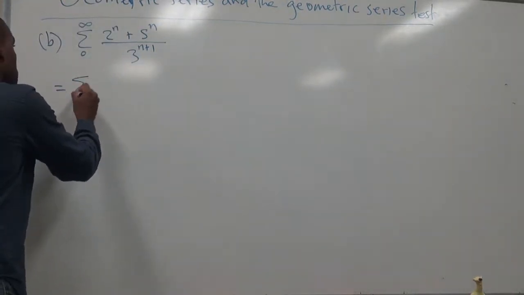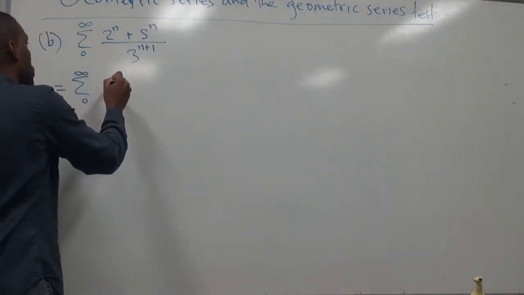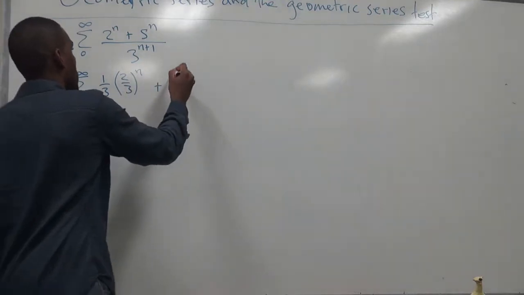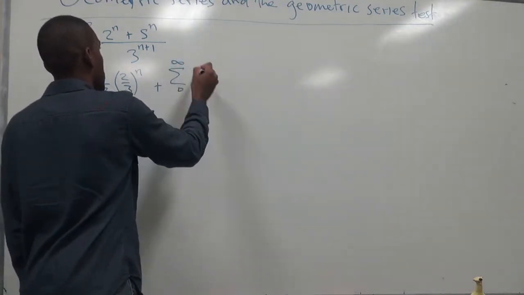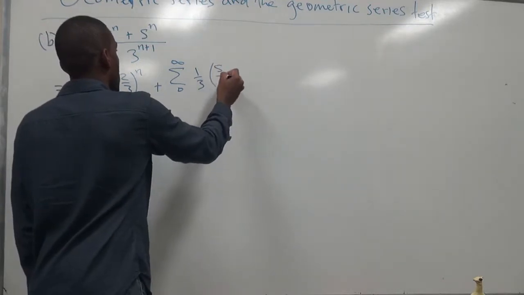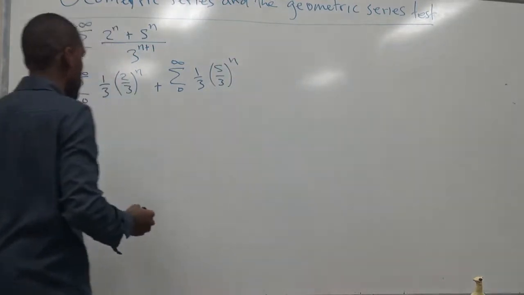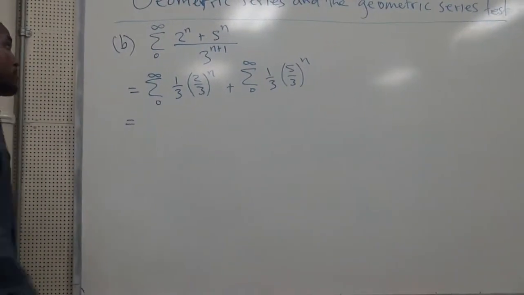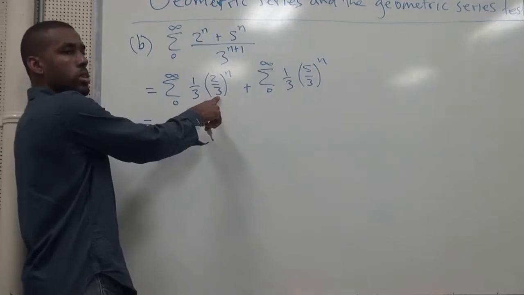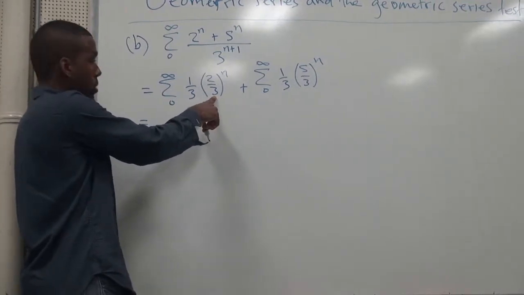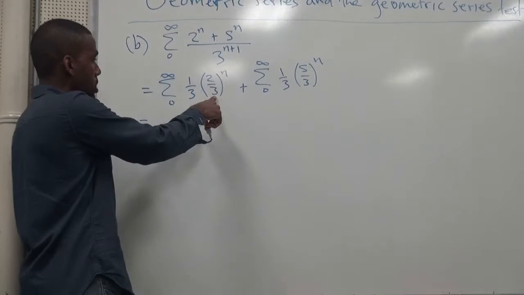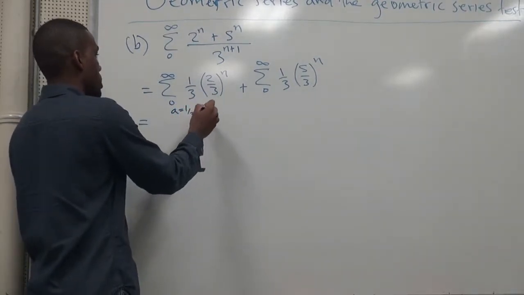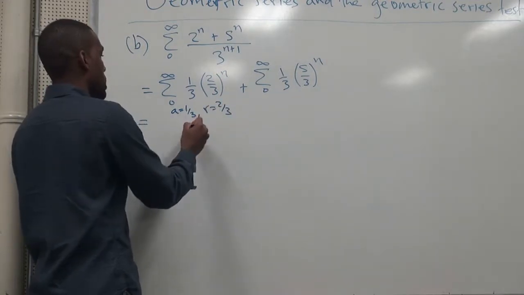We can actually write this as 1/3 times (2/3)^n plus a similar term. Similar manipulation to what I did here. In this case, your r is 2/3. That falls between -1 and 1. So this guy actually converges. Here your A is 1/3, your R equals 2/3.